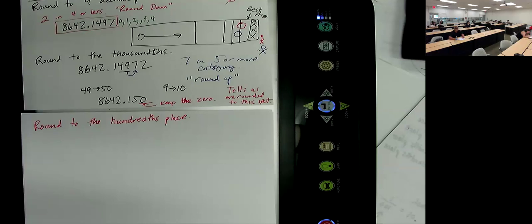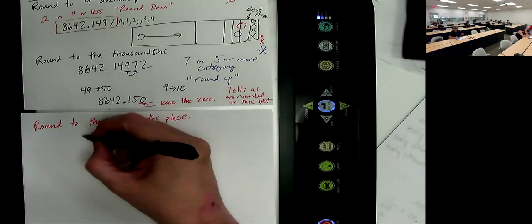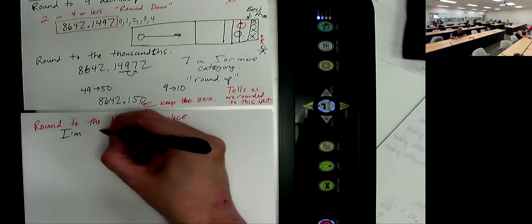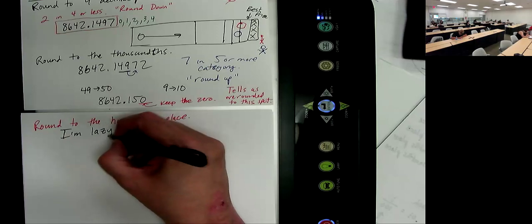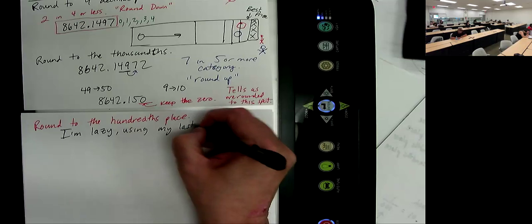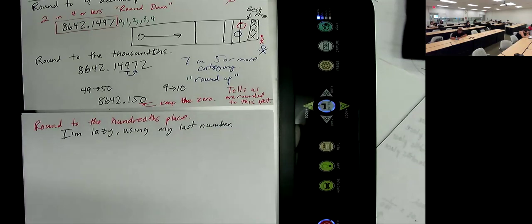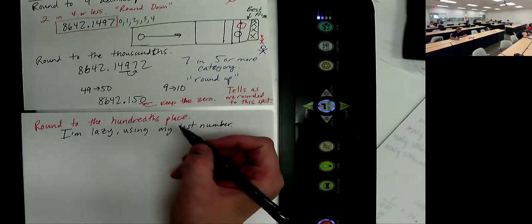I'm not gonna go back and grab the old number, I'm gonna use the last number I did, and I'm gonna make a note of that. Sometimes they'll ask you what it is to 4 decimal places, and then immediately after ask you what it is to 3 decimal places. They do this.